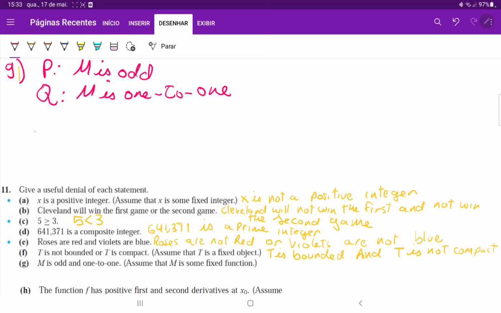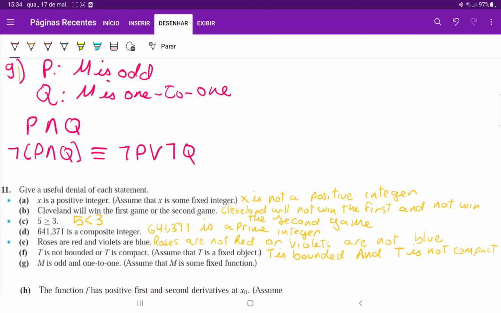So our propositional form is P and Q, right? It is odd and it is 1-to-1. So the denial is not (P and Q), and by De Morgan's laws, this is equivalent to not P or not Q.